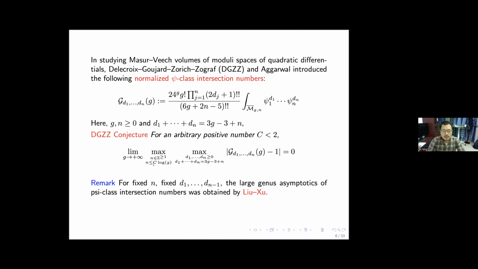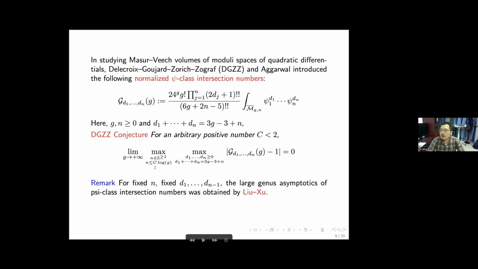So the remark is that for fixed n and fixed d_1 to d_{n-1}, the large genus asymptotics of psi-class intersection numbers were already studied and also given by Liu and Xu. As I mentioned, the effect of this renormalization is that it makes the uniformity possible.